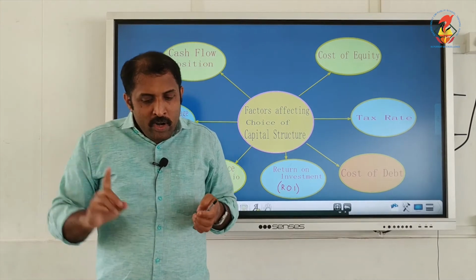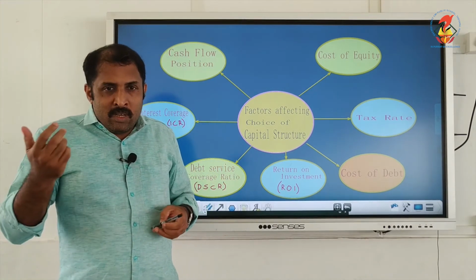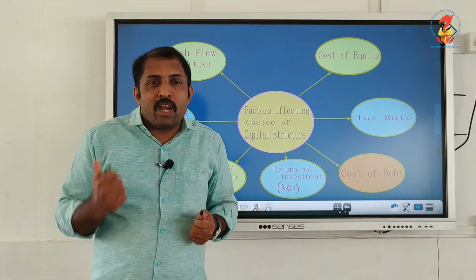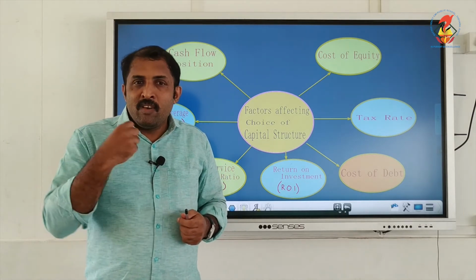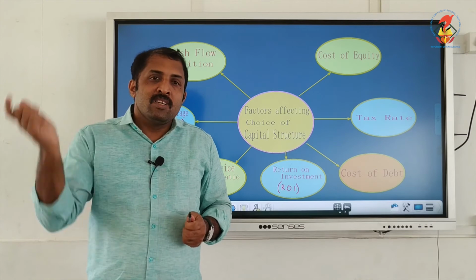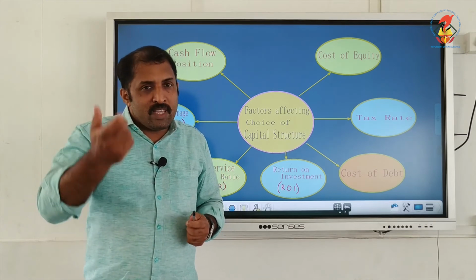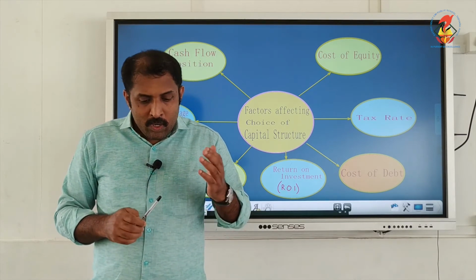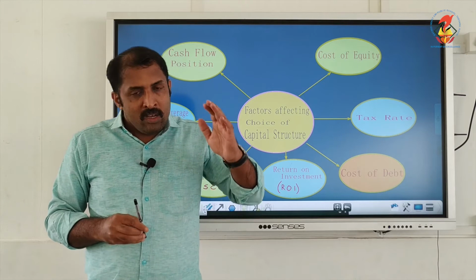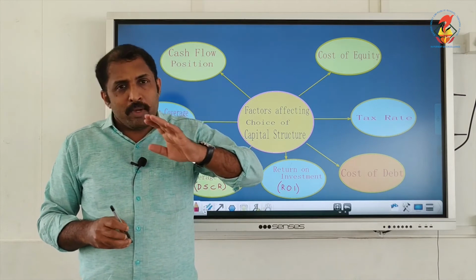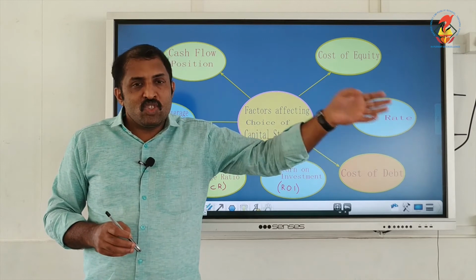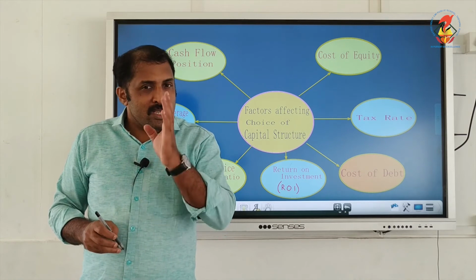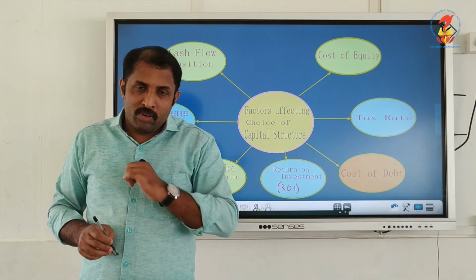So, trading on equity can be used when there is a much better return on the investment, because we are in a capacity to pay the fixed financial charges. When debt is increased, we are able to pay fixed financial charges, and there will be an increase in earning per share, because once the fixed financial charges are paid, the rest is for payment of dividend, where earning per share will be more.